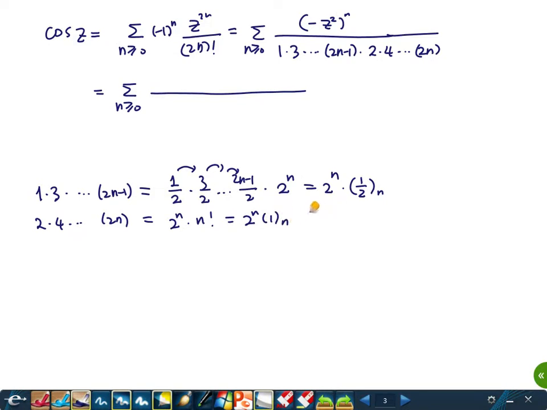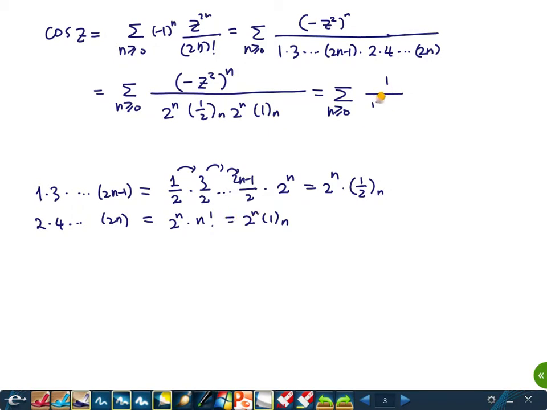Now we just need to replace this over there. And this part is 2 to the n, (1/2)_n. This part, 2 to the n, (1)_n. Now finally we combine the factors of a power of n. Then 1 over, and this is what? Just n factorial, right? So yeah, actually this is not really necessary.